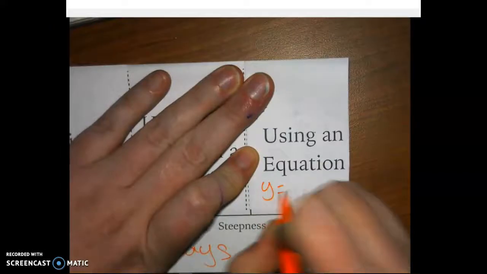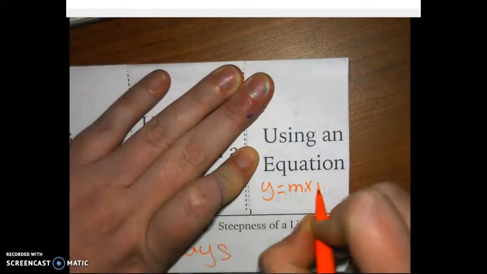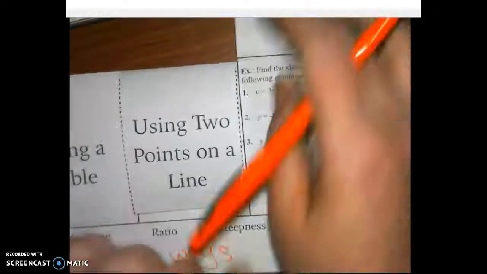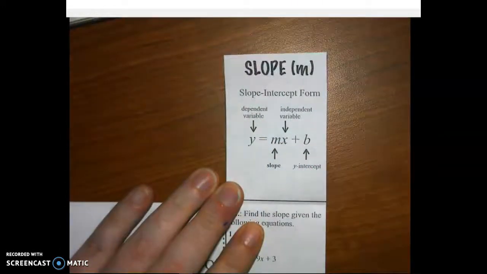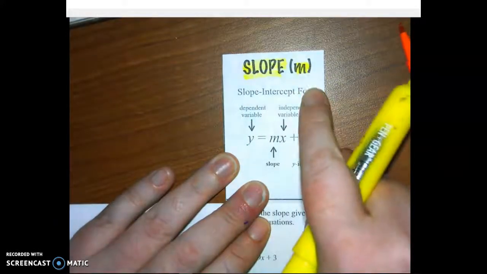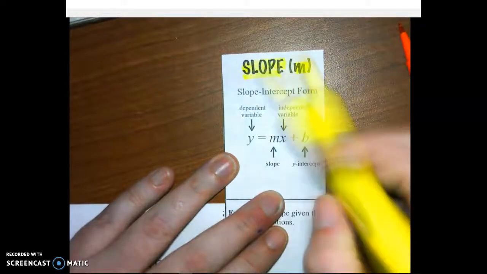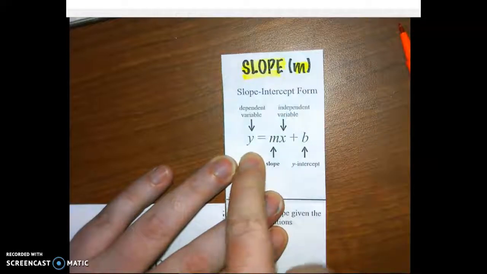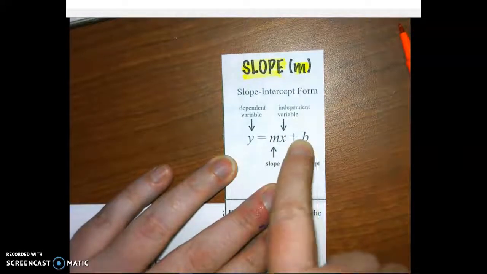This equation, y equals mx plus b. This is my very favorite thing of all time. Okay? Slope. Now, I'm going to use a highlighter like crazy. I hope you do too. Slope is represented by the variable m. You have your dependent variable y. This is just like the y that's in our points. This x right here is the same x that's in our points.